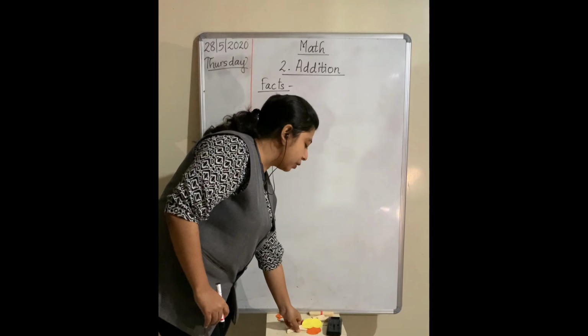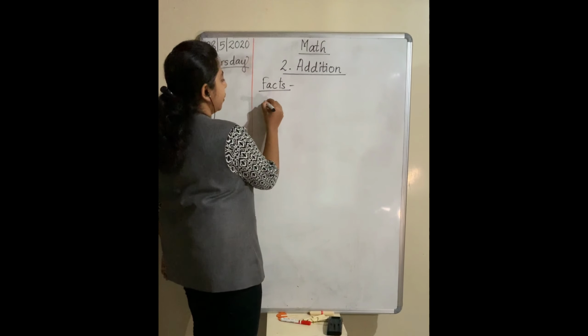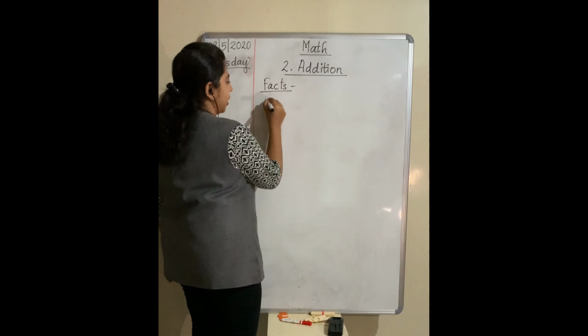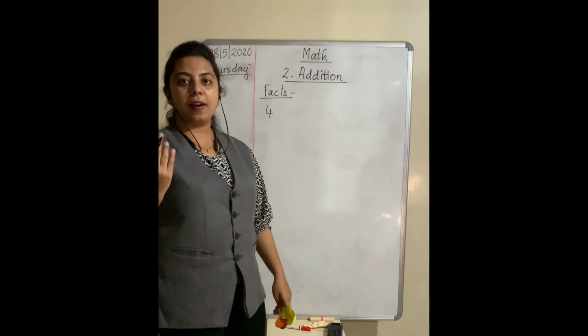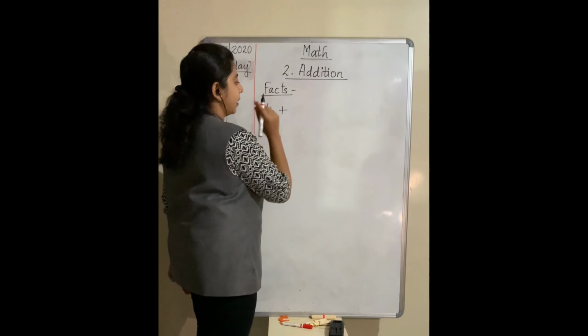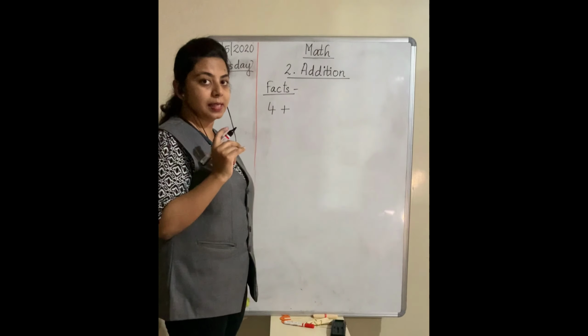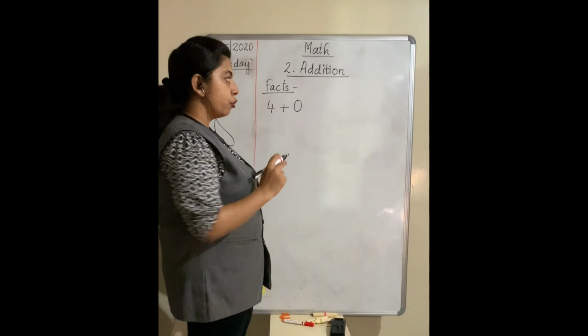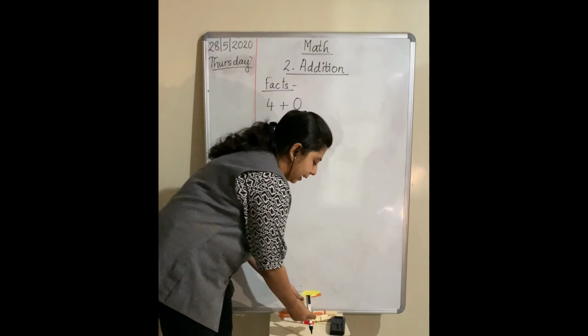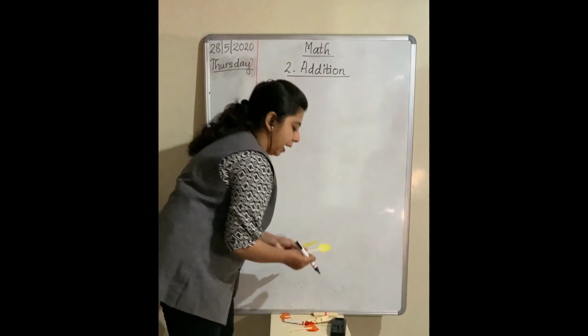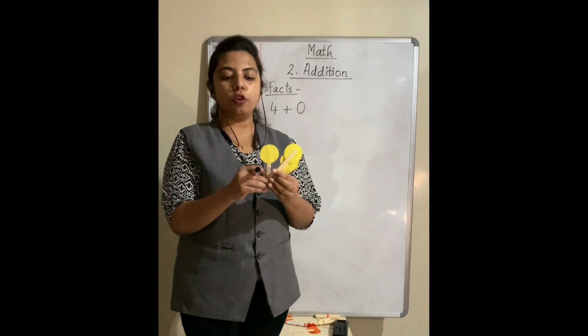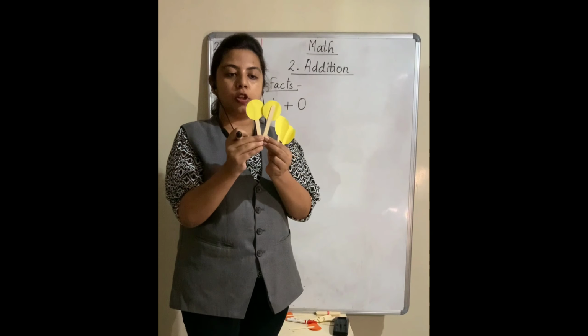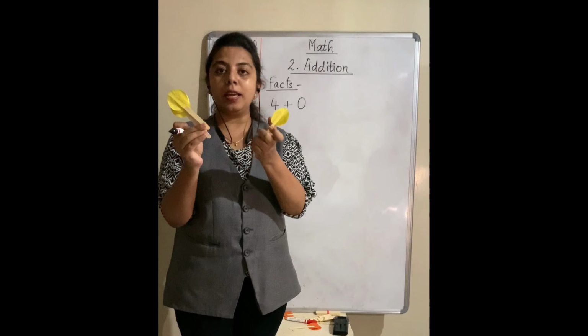Now the first trick. Let's take the number 4. If I add, so here I am giving a plus sign, if I add 0 to 4, let's take an example here. I have 4 lollipops here: 1, 2, 3 and 4.